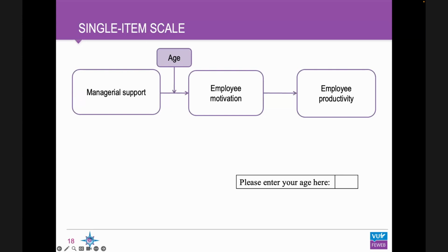These are not necessarily measuring the same thing in different ways, but these are actually the characteristics or the dimensions of perceived service quality. So in this case, these items are forming the perceived service quality. And under each one, there are multiple questions.